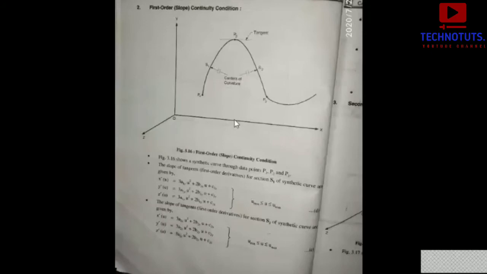Now we will obtain the equations for section S2. In a similar way, we will differentiate the zero order continuity condition equations, and we will obtain the first order continuity condition equations for section S2.